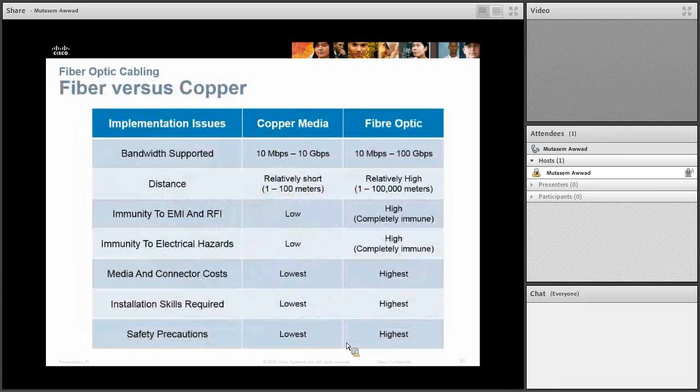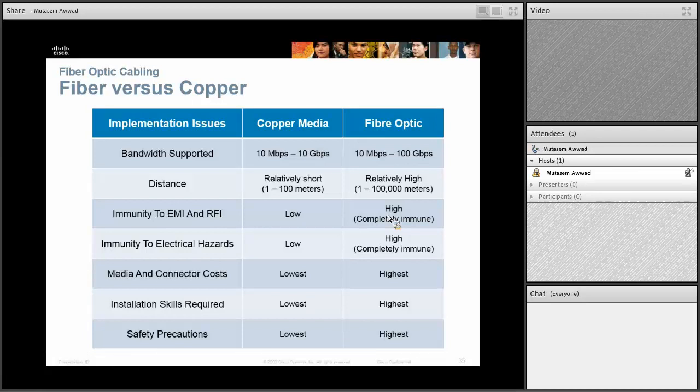All right, and here is the comparison between a fiber and a copper wire. Obviously, when it comes to a choice, of course, you want to go with fiber because it gives you higher bandwidth and distance. You can go up to 100 kilometers, and it's immune from electromagnetic interference.